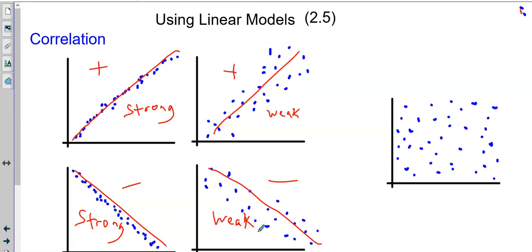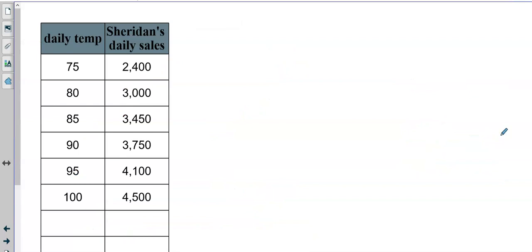And this one really doesn't seem to have a pattern, so we just say something like no correlation here. If we did try to do a correlation, I guess it would be a horizontal line with a slope of 0. So there's no real positive or negative correlation there. Sometimes things will have no correlation at all, so you just can't do it.